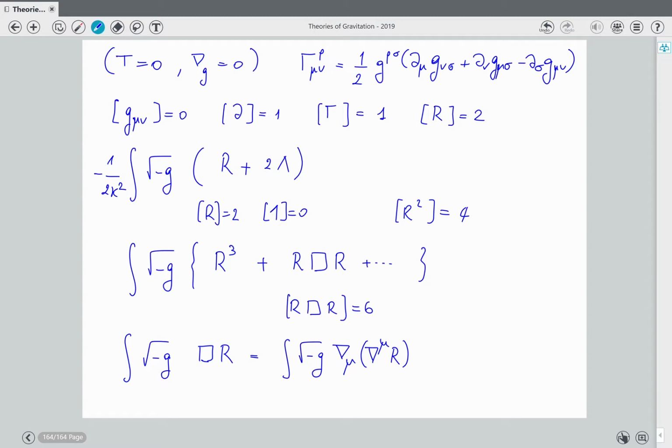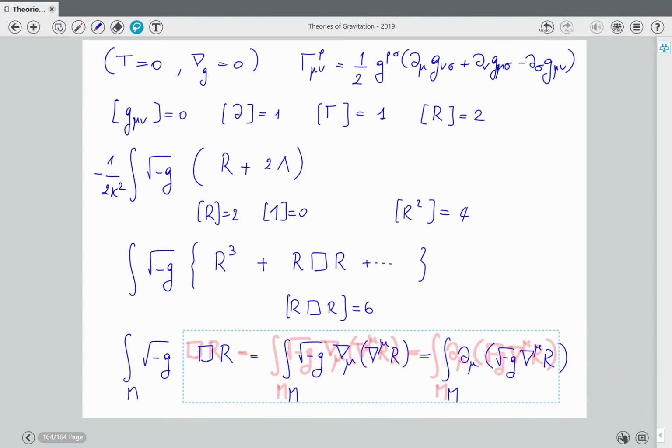And you know, and should be familiar from general relativity, that there is an identity that tells you that something like that can be written by exchanging del mu with square root of minus g, and del mu becomes just partial mu. So this becomes the integral of a total derivative. So we are ignoring one term that is trivial.